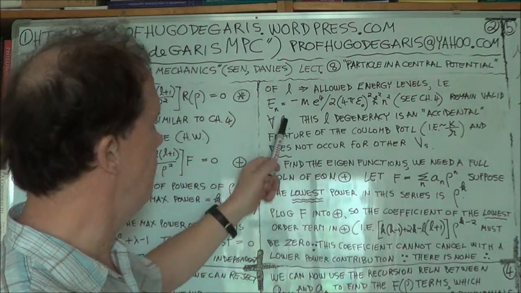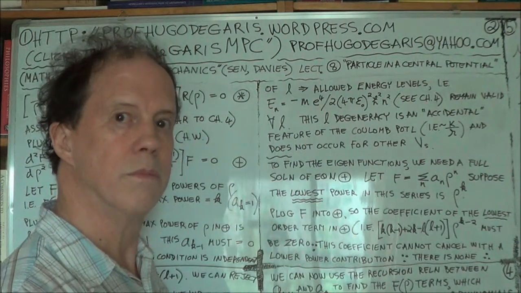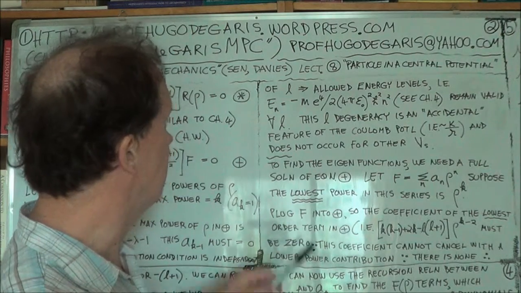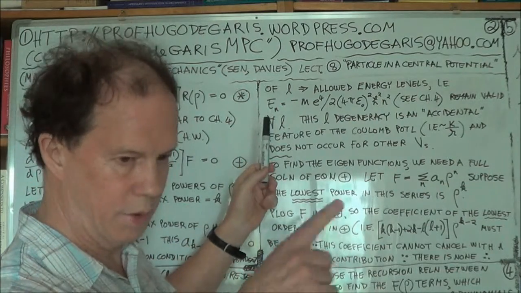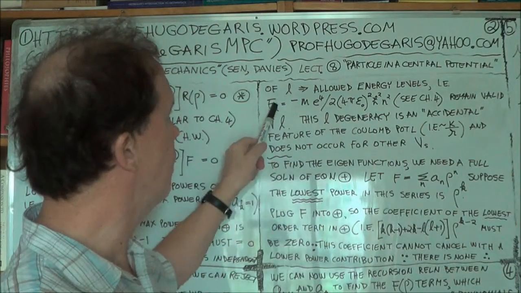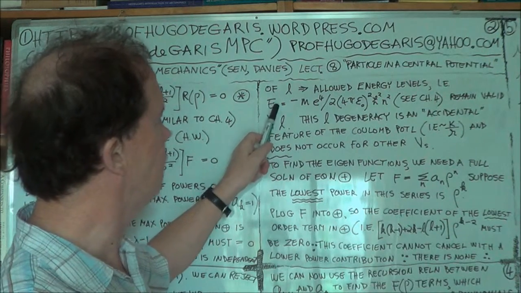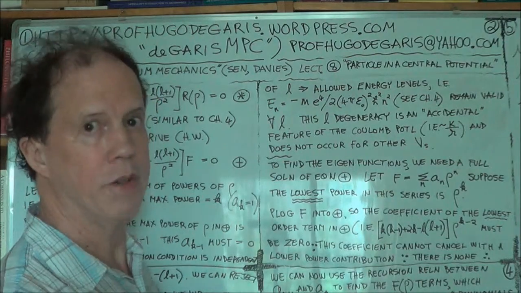So now, since you can have lots of different values of L, they're integer values, you have a degeneracy here, because all these states with different values of L all have the same energy. So the eigenfunctions of the energy will be degenerate, right?